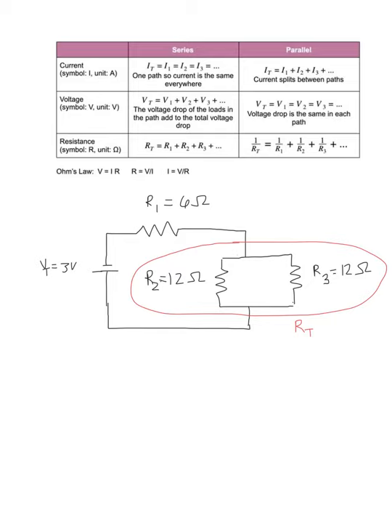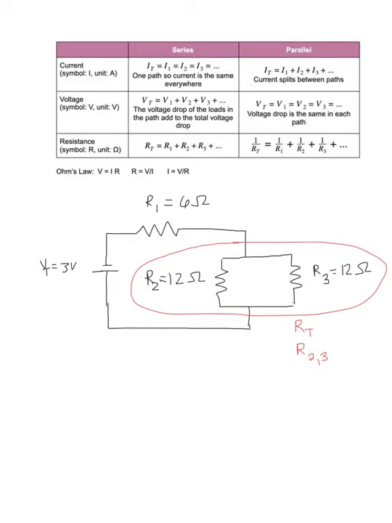We can call it RT, but that can get a little bit confusing because that might be the total of the whole circuit. So I think I will call this R between 2 and 3. So the equivalent resistance of combining 2 and 3.